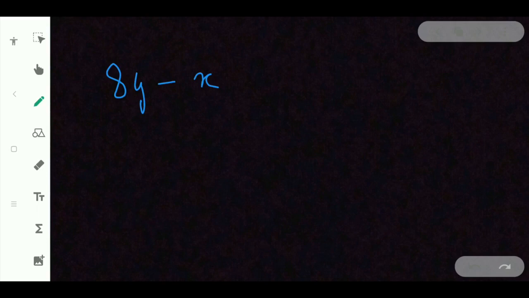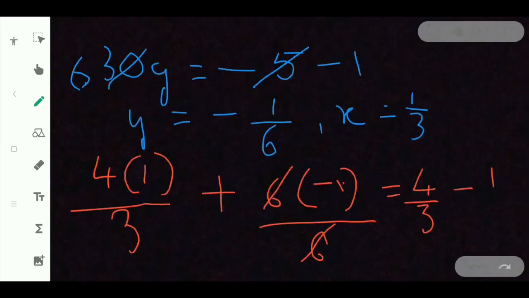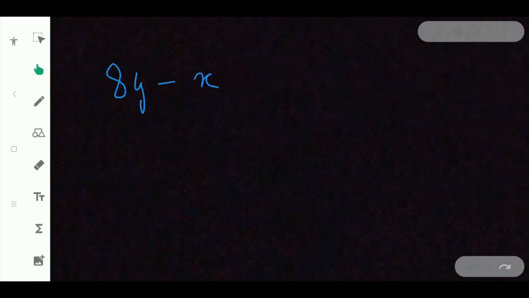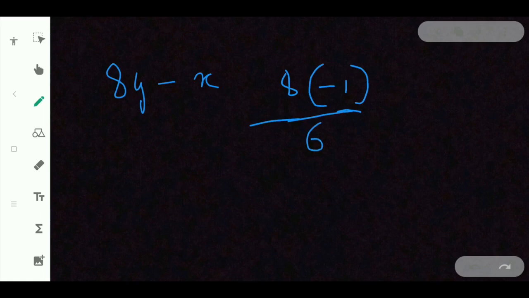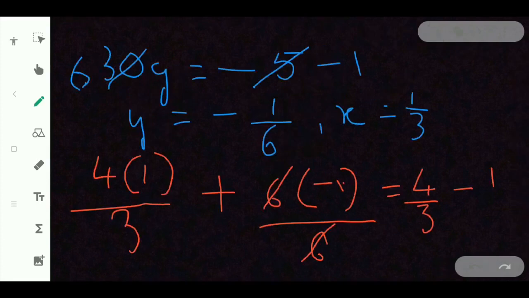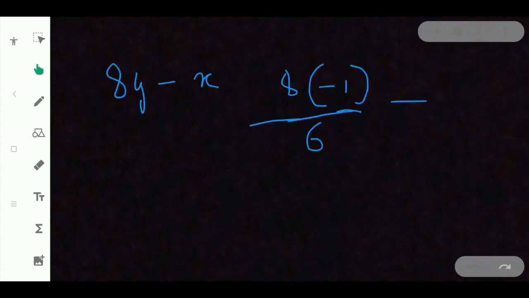So now we are having the values y is equal to minus 1 by 6, minus 1 by 6 minus x, we are having the value 1 by 3, minus 1 by 3.